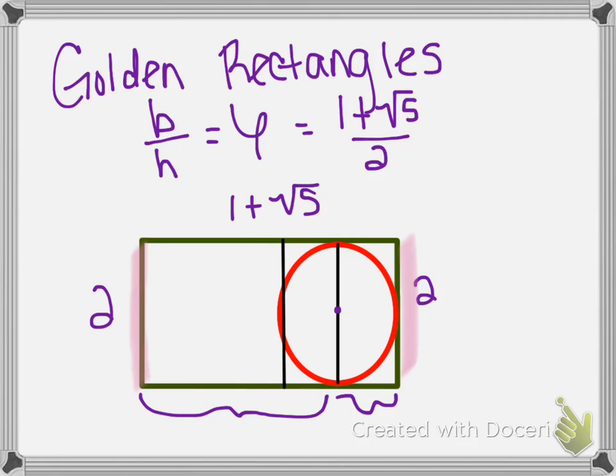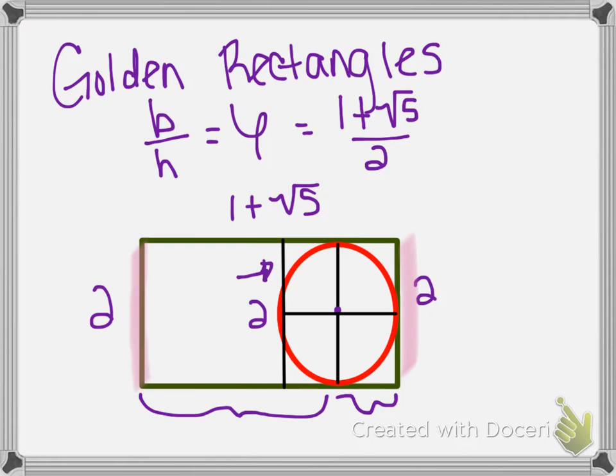Because if we go from one side of the circle to the other side, passing through the center, that gives us another diameter. And if we draw this line in so it meets both sides of the rectangle at a 90-degree angle, that of course gives us a length of 2.